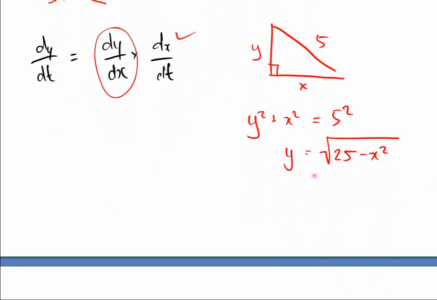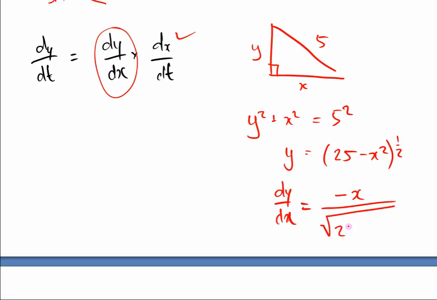We've done things like this already. So dy by dx, this is the same as the whole thing to the power of a half. If I differentiate this, what do I get? Turns out I actually get negative x over the square root of 25 minus x squared.